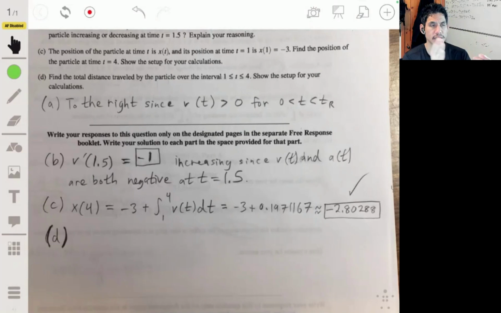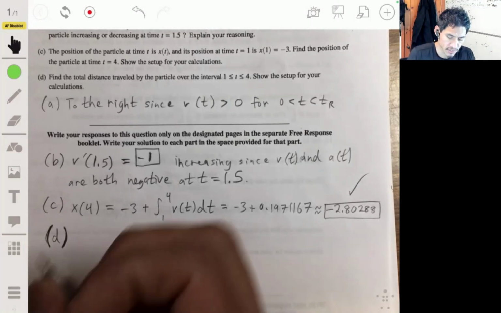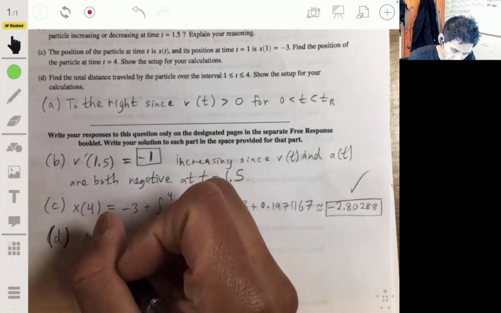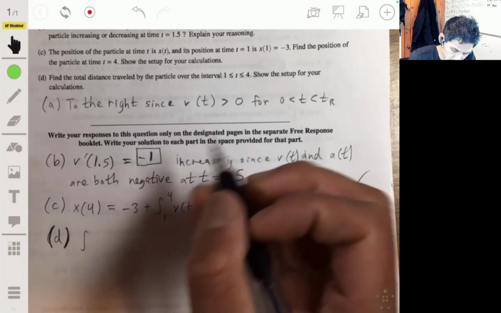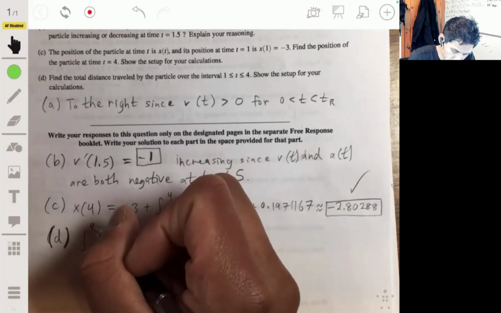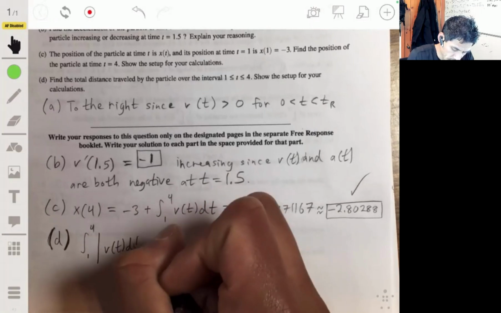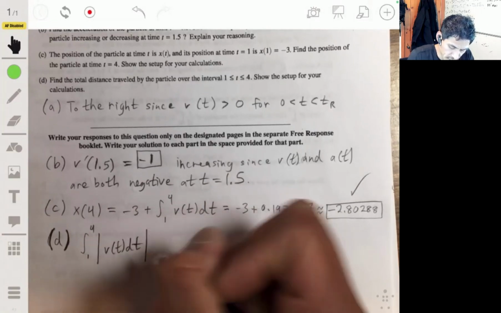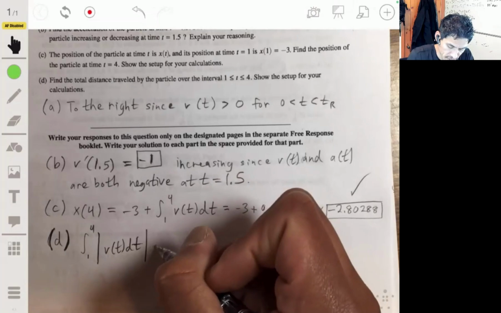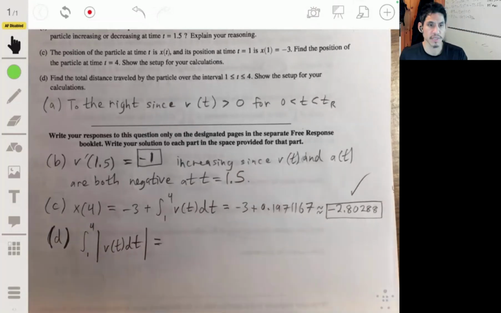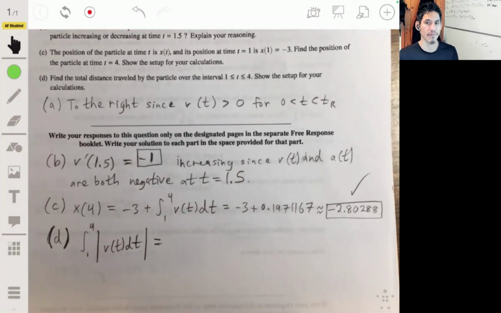So it's possible that it could be 0 because maybe it goes back to the same position, but that doesn't tell you the distance traveled. So what we want to do is take the integral from 1 to 4 of the absolute value of v of t dt. That way, it's going to treat everything as a positive quantity, and it's going to give you how far it traveled over that interval.